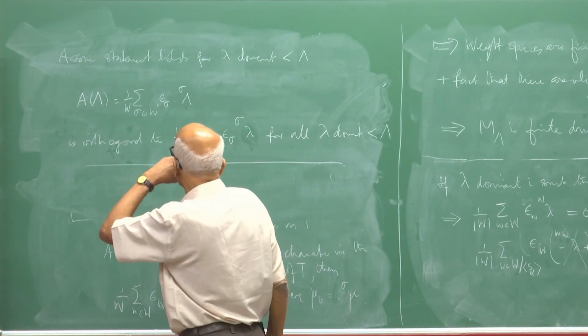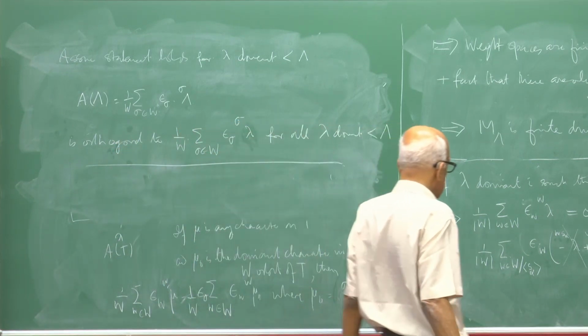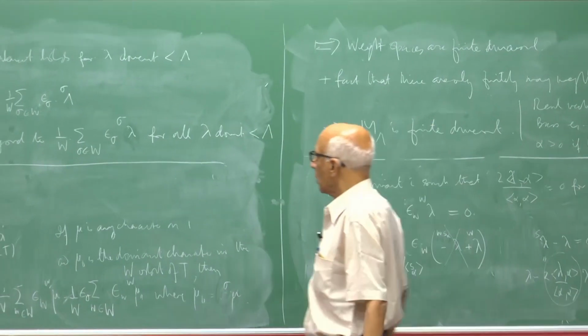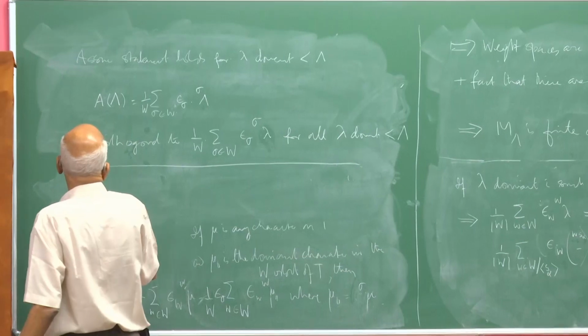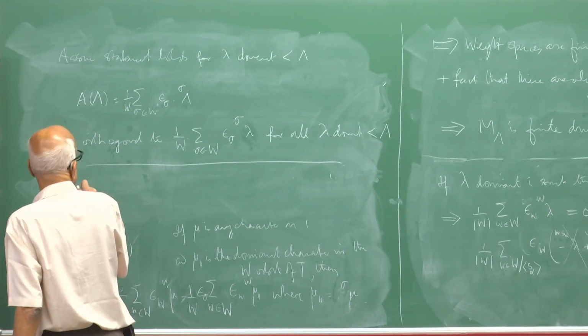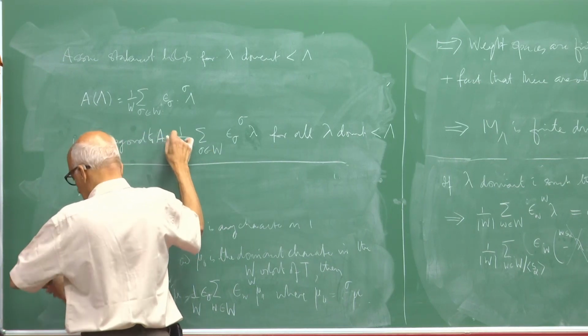And then all the A mu coming from the earlier ones, we have shown all the earlier ones. On the other hand, this is orthogonal to A lambda.